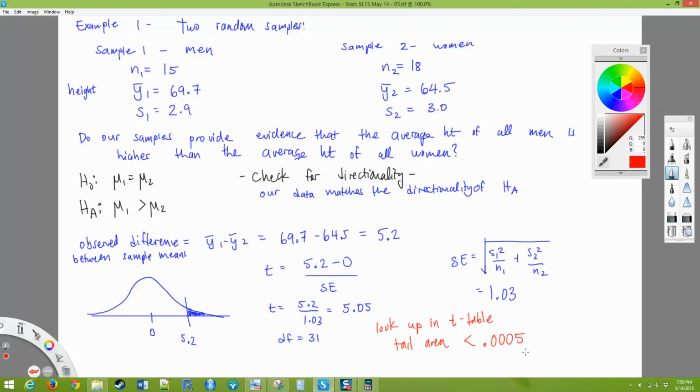So this is known as our p-value. Our p-value is going to be less than 0.0005.